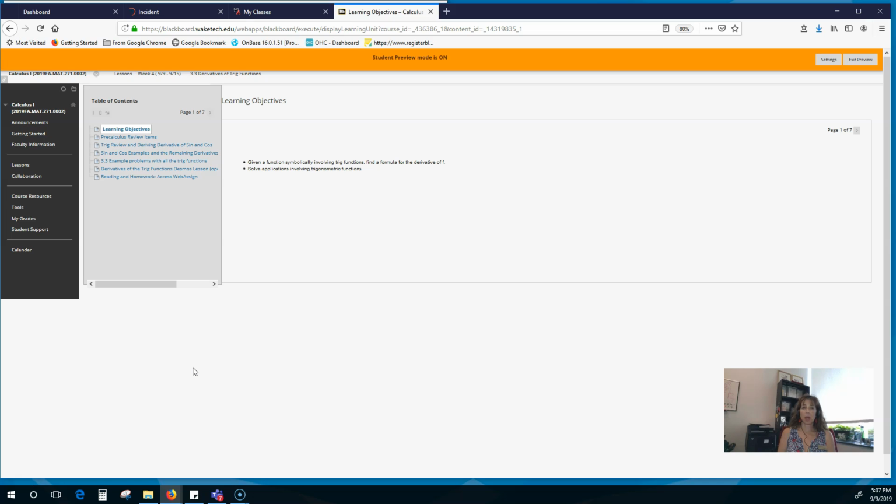And I find that instead of memorizing derivatives of 6 new functions, I just remember the derivative of the sine and the cosine function, and then you have to remember what the other functions are in terms of the sine and cosine function. For example, secant is 1 over cosine. So to find the derivative of secant, I would just use the quotient rule for the function 1 over cosine x. That can help you simplify your memorization in section 3.3.